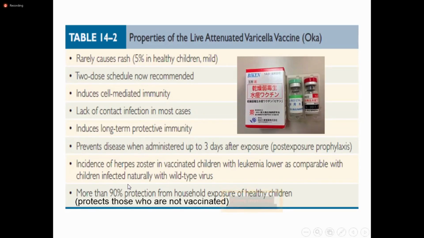There is more than 90% protection for the household of healthy children. This means that if you give this vaccine to one member, the protection may be transmitted through shedding of the virus, and the vaccine virus will be transmitted to others, who get protection.